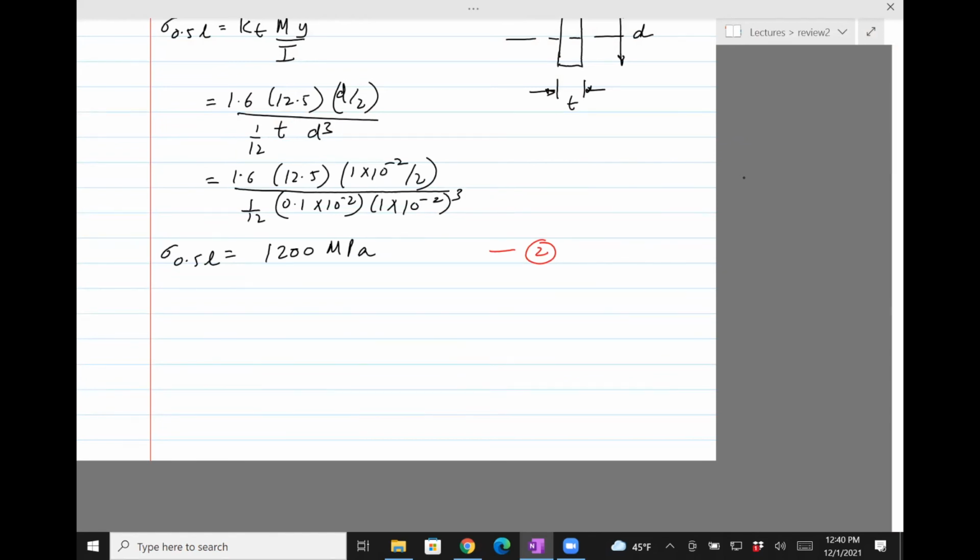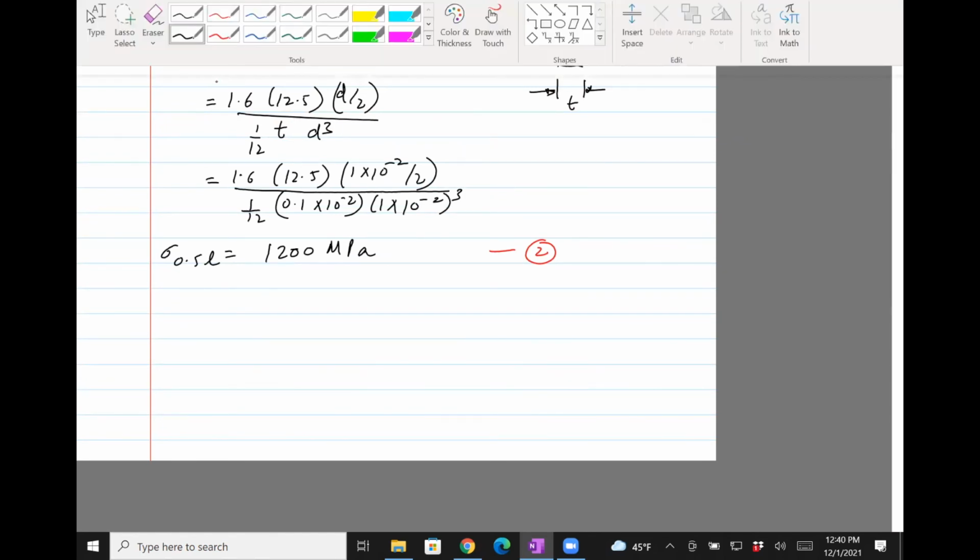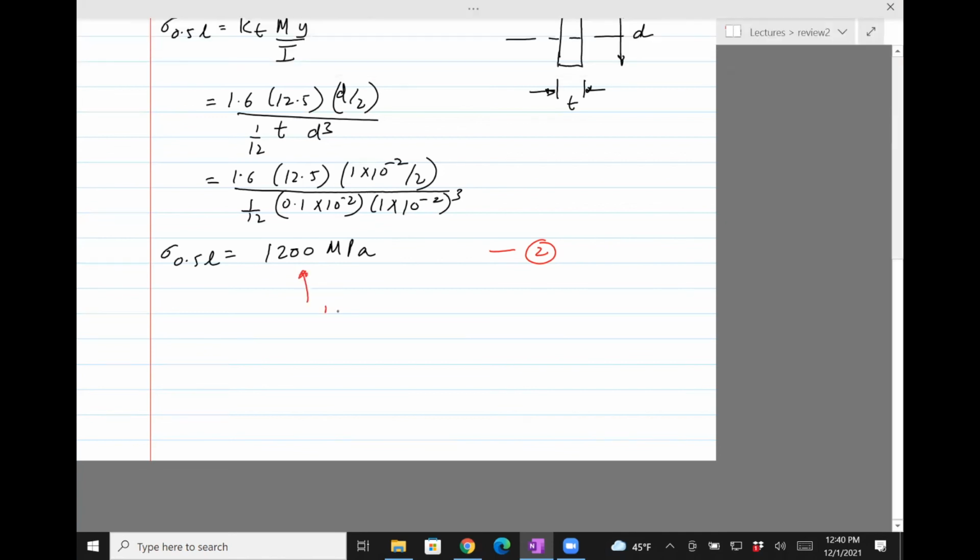So that's the critical point. So this is the maximum normal stress, which is at x equals 0.5 L from the left.